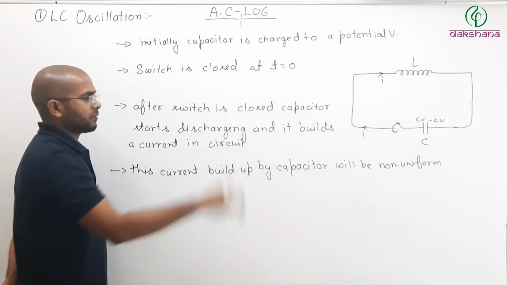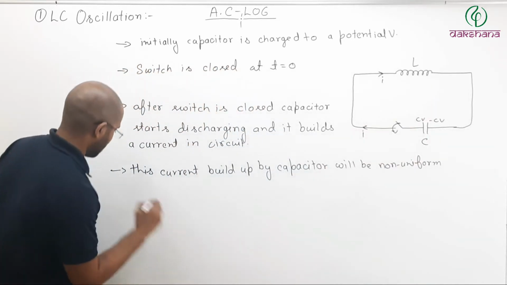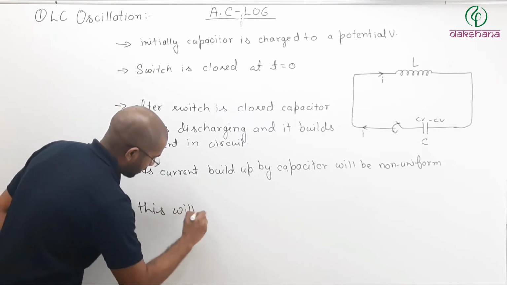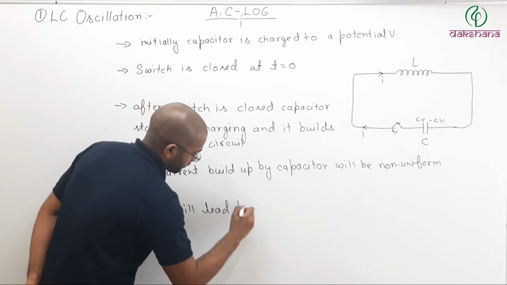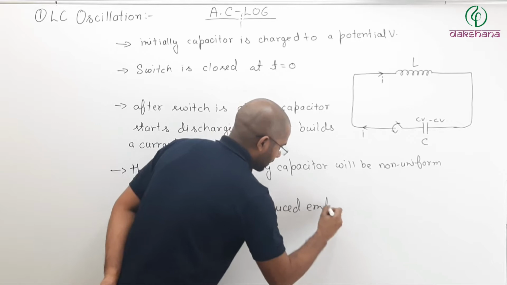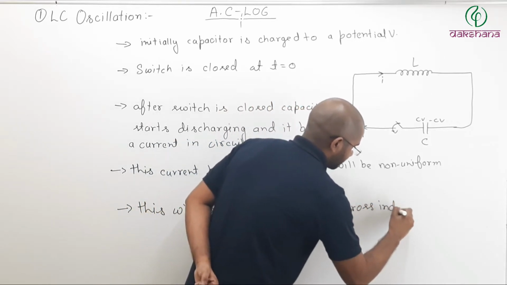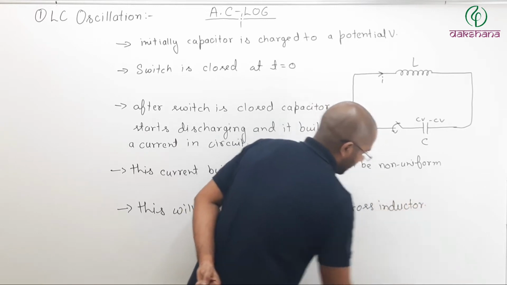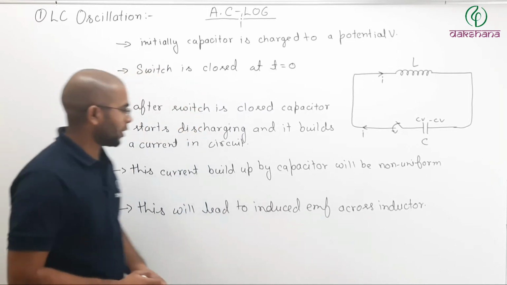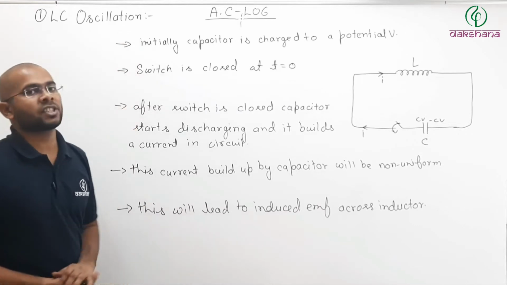So since that current will be changing, there will be an induced EMF across the inductor. So here I can write, this will lead to an induced EMF across the inductor like this. So across the inductor there will be an induced EMF. So pause the video, note it down, then we will discuss further why it is called LC oscillation.